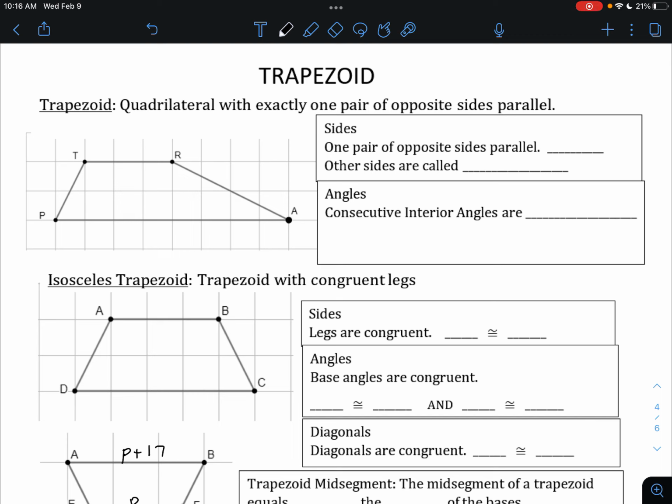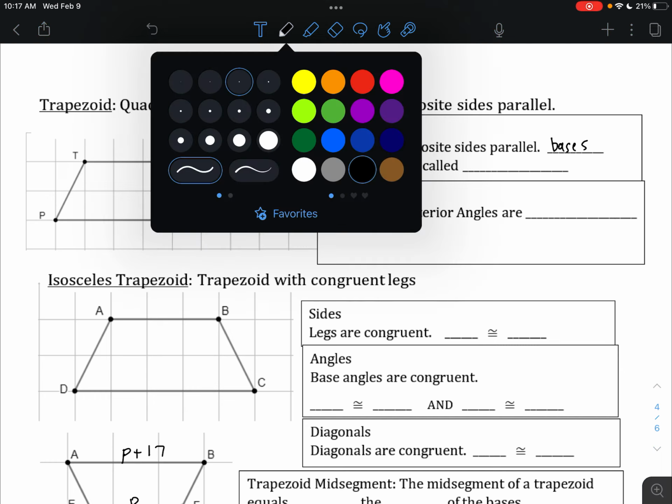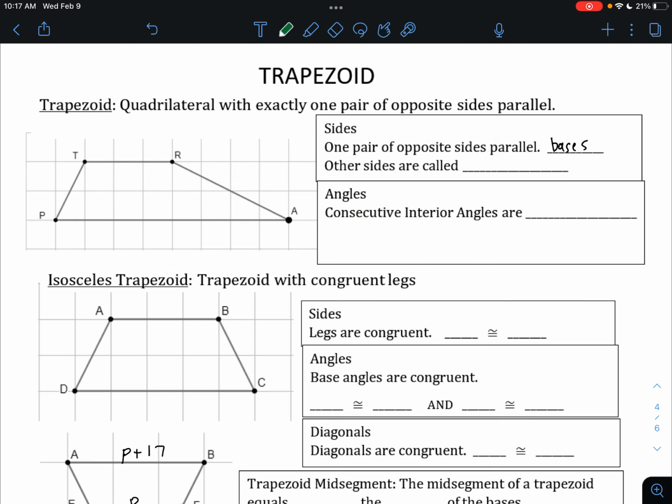That pair of opposite sides that's parallel, both of those sides are called the bases. So the bases of our trapezoid. Those sides are parallel, and we're going to mark those down. That means that segment TR is parallel to segment PA. And if you recall, those arrows in the middle of the lines tell us that those segments are parallel.